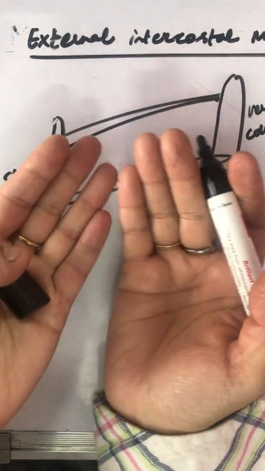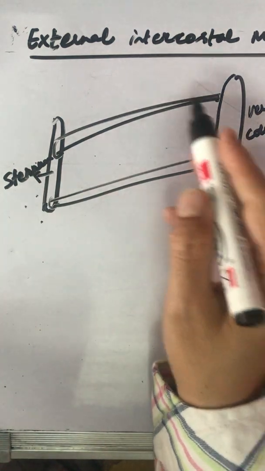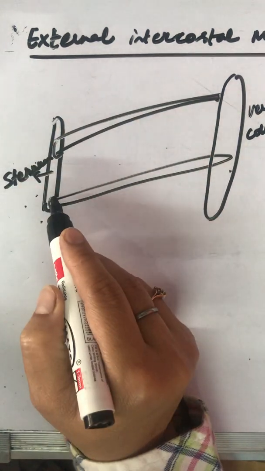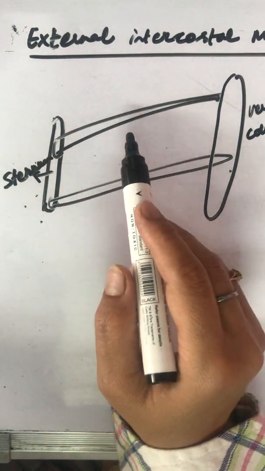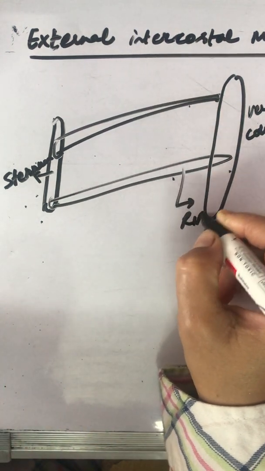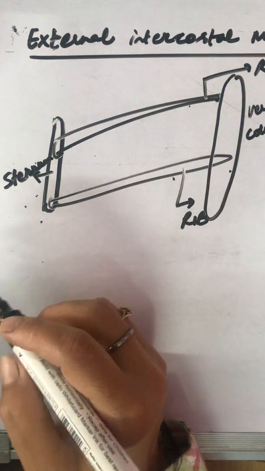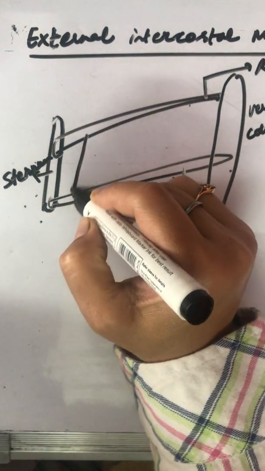And ribs are always laterally originated and are always covering from the dorsal side towards the ventral side. So coming in front. And these are the ribs. This is rib 1, and that is rib 2. Okay. And here are the set of muscles.